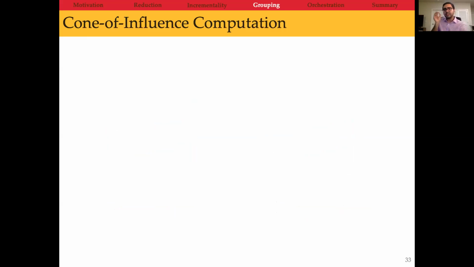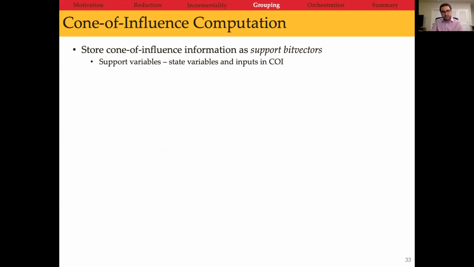Given this linear method to compute the cone of influence, our next goal was to optimize how we store this cone of influence information in memory. In our work, we store the cone of influence for each property as an indexed support bit vector over all the support variables in the design.